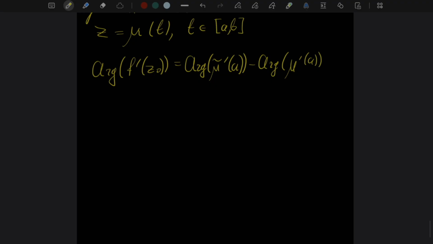Now consider the angle between the two curves at this point. I will denote the angle as such. Okay, so by subtracting, we get that it is the difference of the angles. Okay?